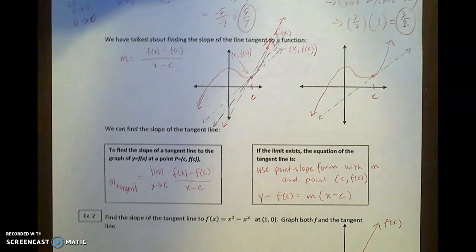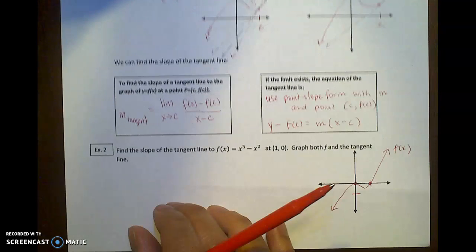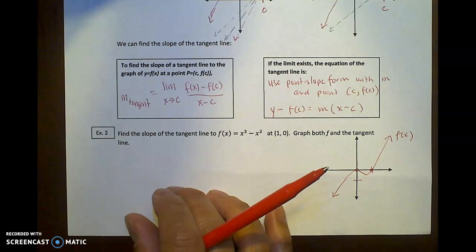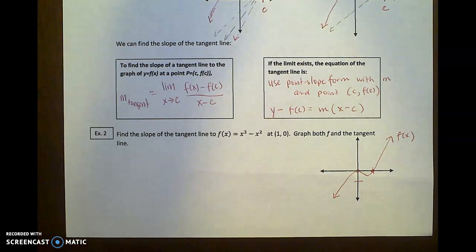Okay, here with this next example, we're going to use the above information. It says find the slope of the tangent line to the function x cubed minus x squared at 1 comma 0. Here's the graph of that function.